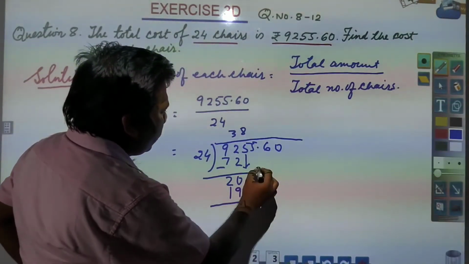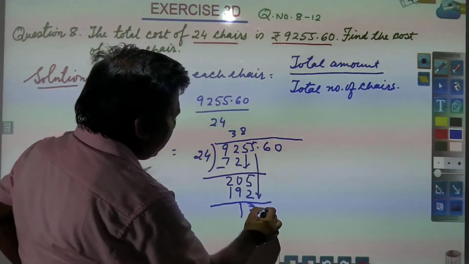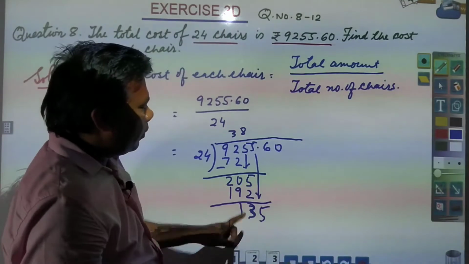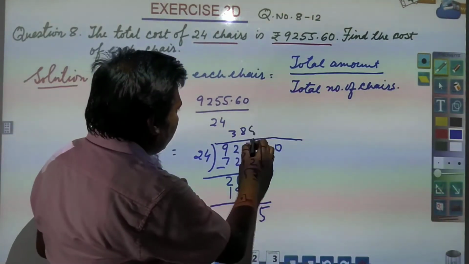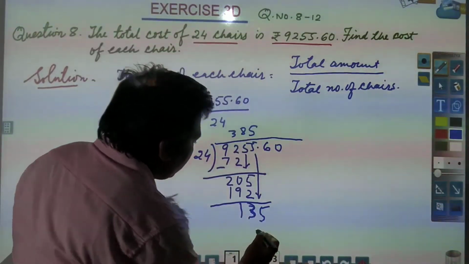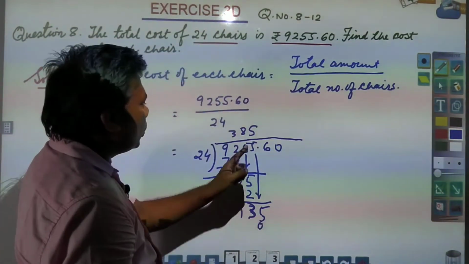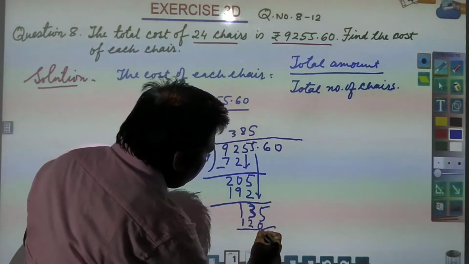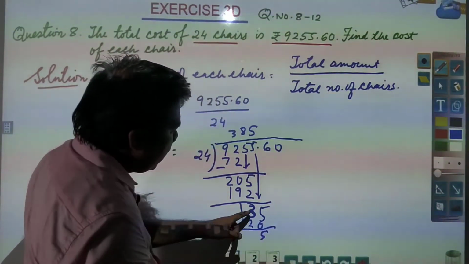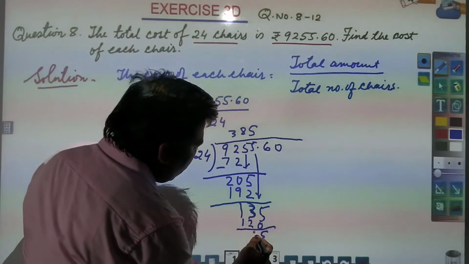Here you have 0. The next number is taken down, you have 135. Now you see how many times it will go. This will go 5 times. 5 4s are 20 and 2 you have, 5 2s are 10 and 2 is 12. This will be 5 and here 3 minus 2 is 1.